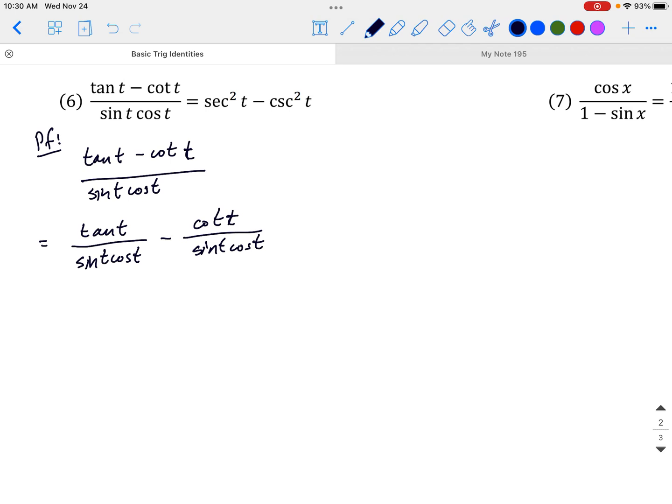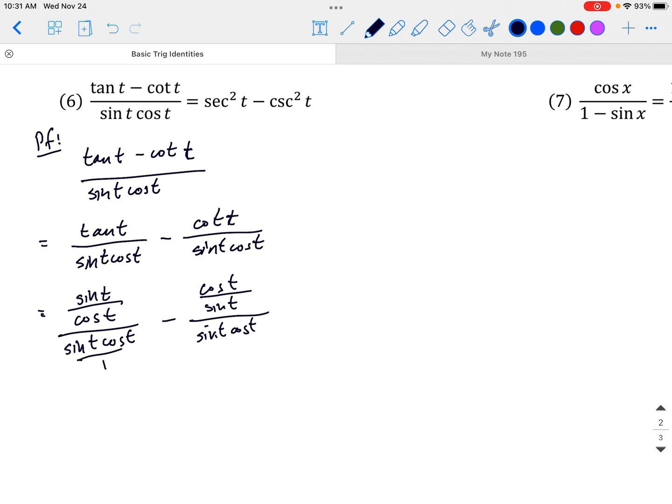Okay. And now we're just going to have to manipulate with sines over cosines and cosines over sines, it looks like. So tangent is sine t over cosine t divided by sine t cosine t. And then we'll have cosine t over sine t divided by sine t cosine t. And maybe we'll think of these as over 1, obviously.